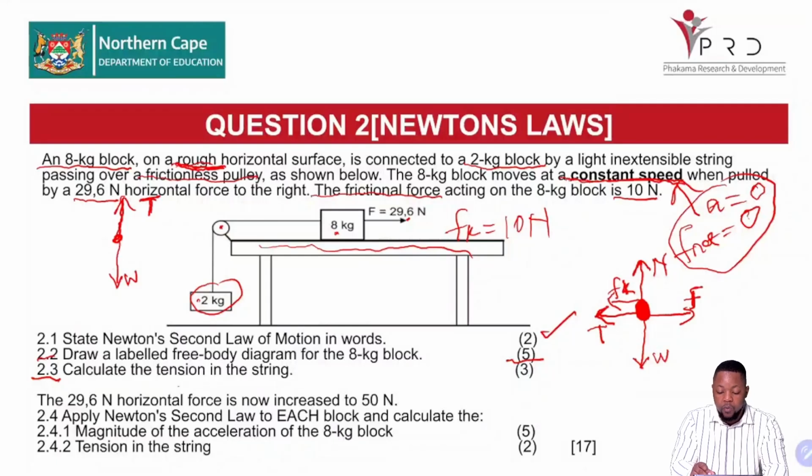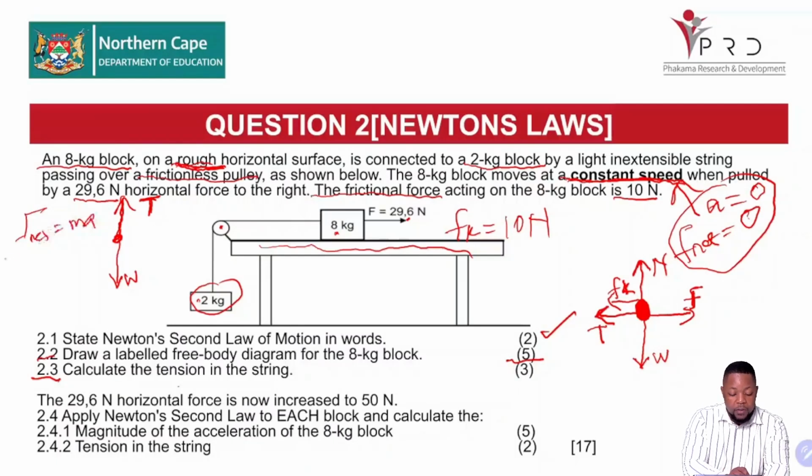But we know that the system is moving at a constant speed. Therefore, we can write the formula F net is equal to ma. Then we can work out the forces there. T minus W is equal to 0. How do we know 0? Because acceleration is equal to 0.